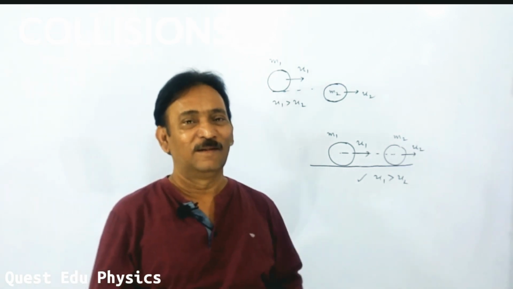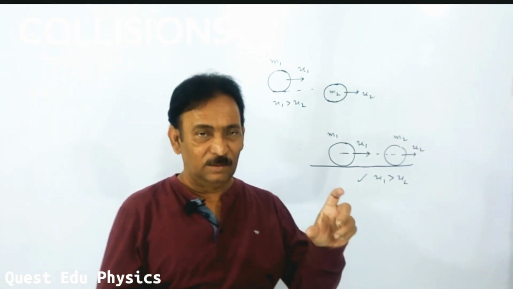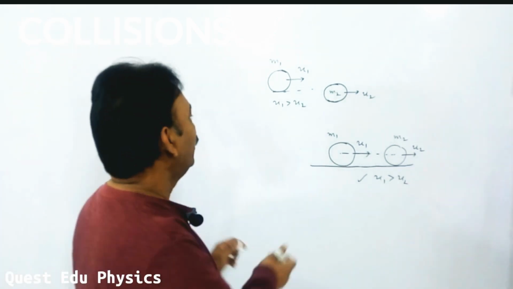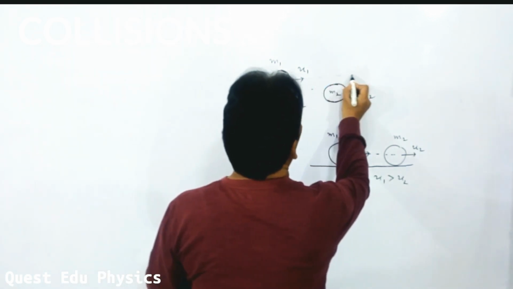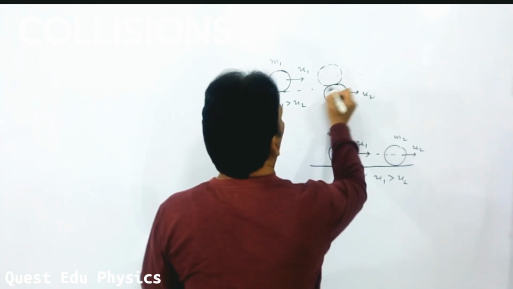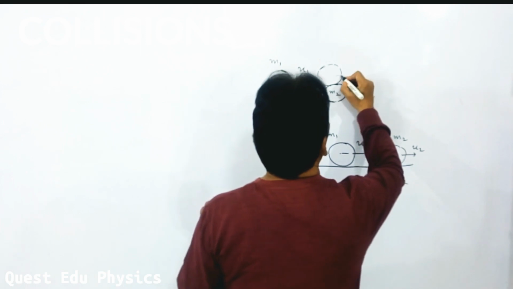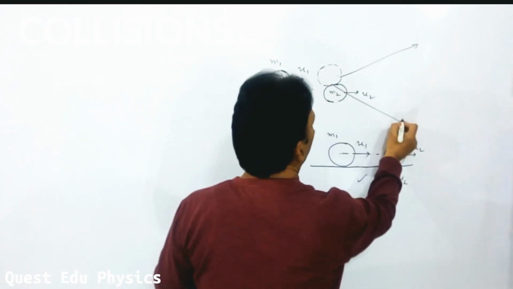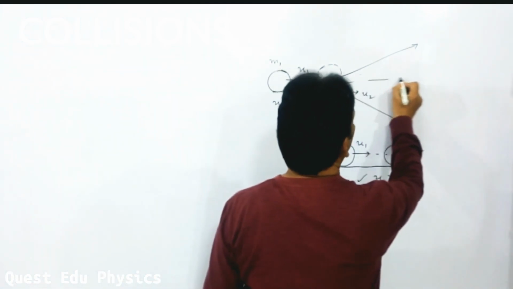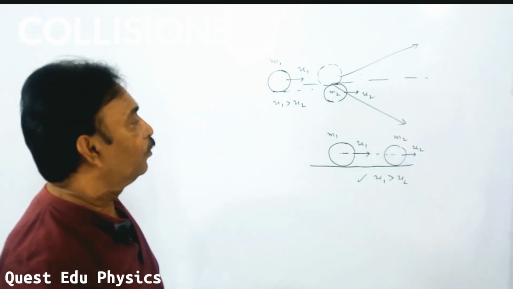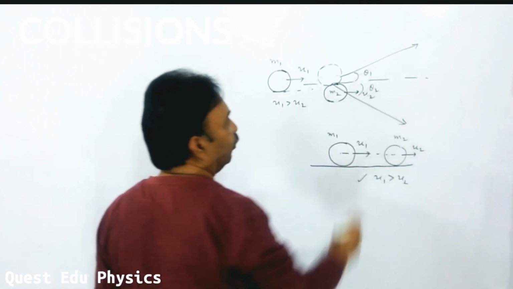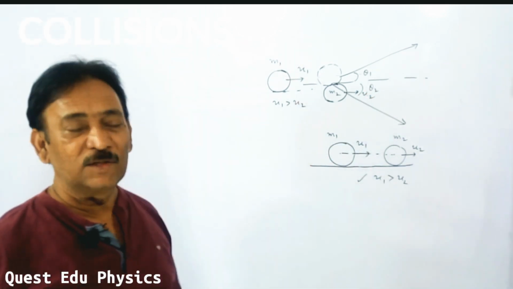When you hit a coin with the bigger one, the striker, their directions change. They deviate from their paths and start moving, making certain angles with each other. Then it is known as an oblique collision.